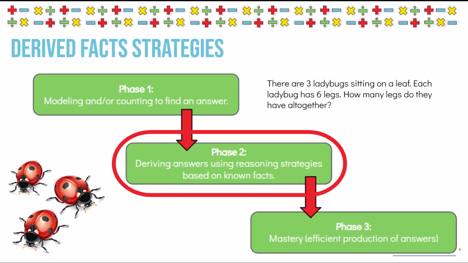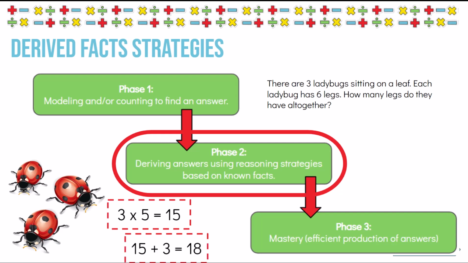But if you are able to show students that they know 3 times 5 is 15, and one more set of 3 is 18, you'll be able to show them they can use their foundational facts to help them derive an answer. We want students to be flexible in their thinking and use their number sense to accurately and efficiently solve their problem.